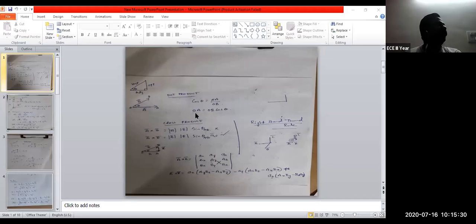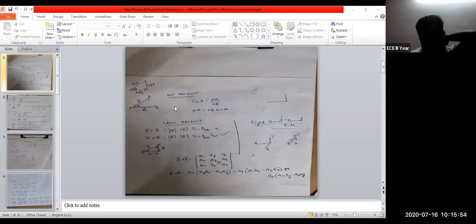If I don't multiply OB with cos theta, OB is in one direction and OA is in another direction, so I will not get the resultant.